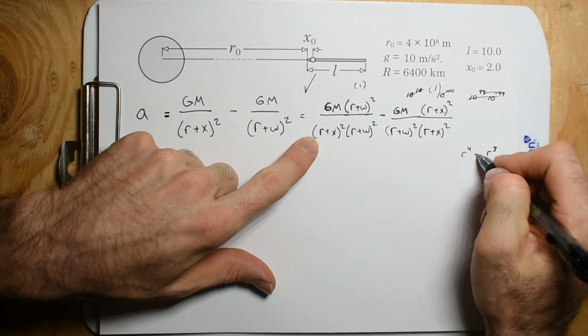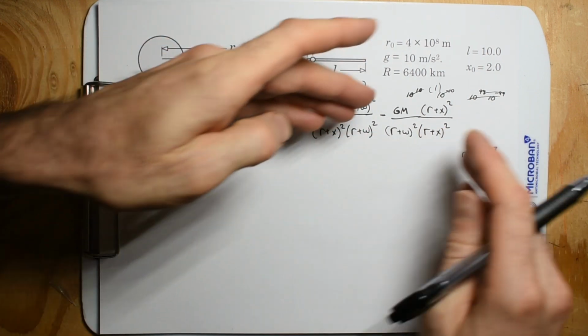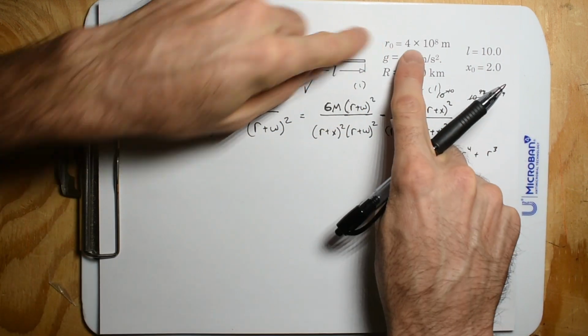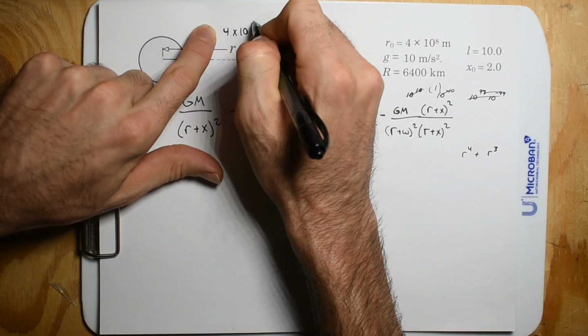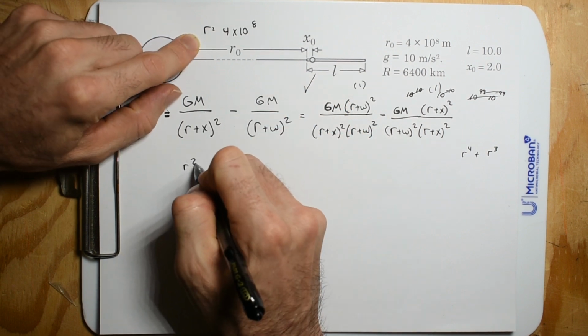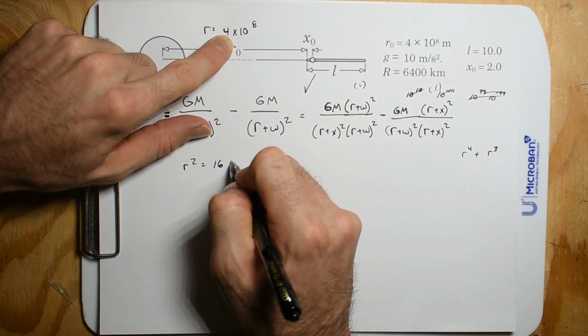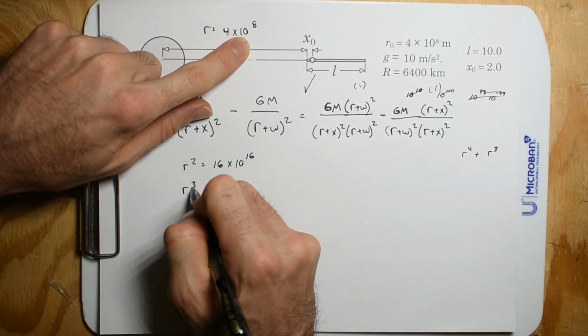So if we do r to the 4th plus r to the 3rd, now we can talk about this, because that's kind of where we're going. We have this distance that's 4 times 10 to the 8, and that's going to equal r. So let's see what r squared is. That's going to be 16 times 10 to the 16. Now let's do r cubed.